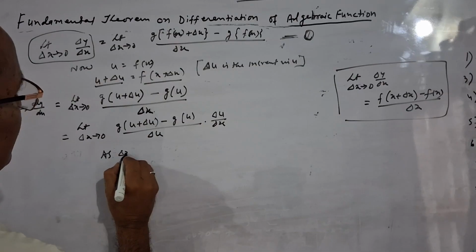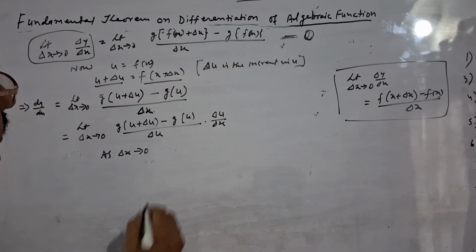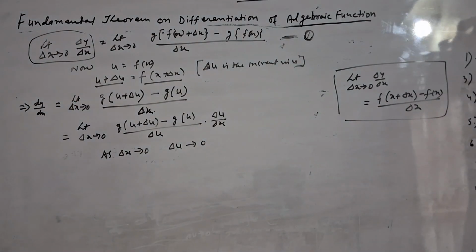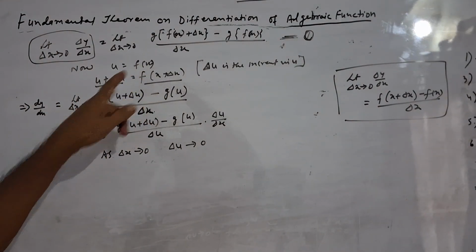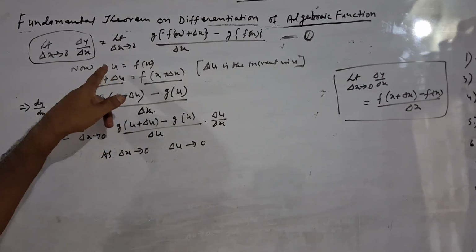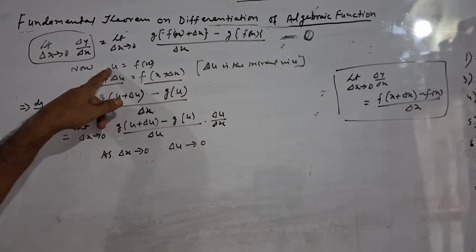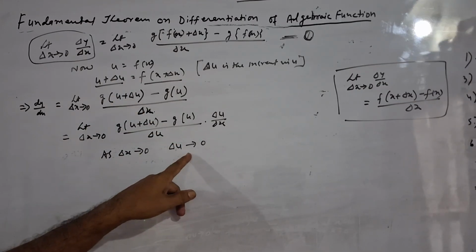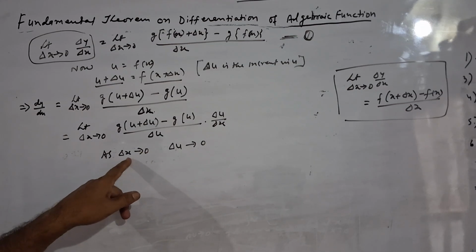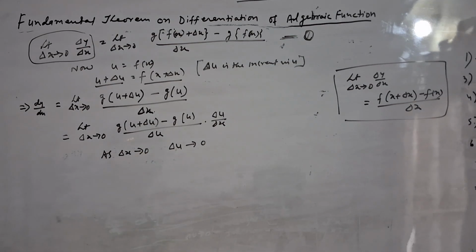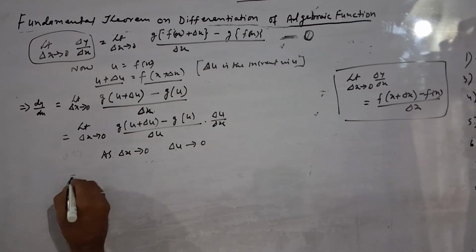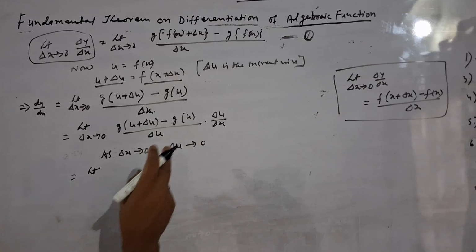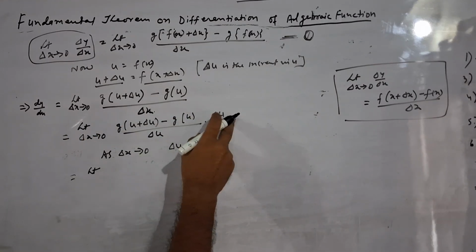As delta x tends to 0, delta u must tend to 0. Since there is an increment in the x variable, there will be an increment in the function. If there is no increment in the variable, then there will not be any increment in the function. Therefore, if delta x tends to 0, delta u tends to 0. Now this is the limit of two functions, which we can treat as 1 and 2.